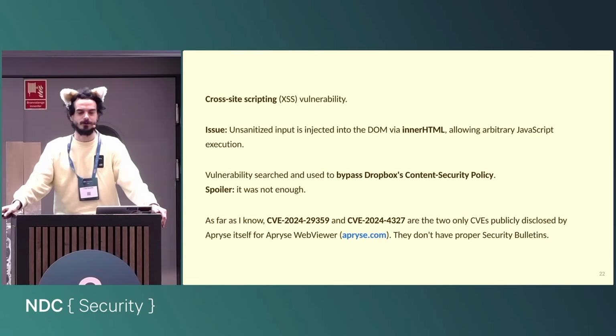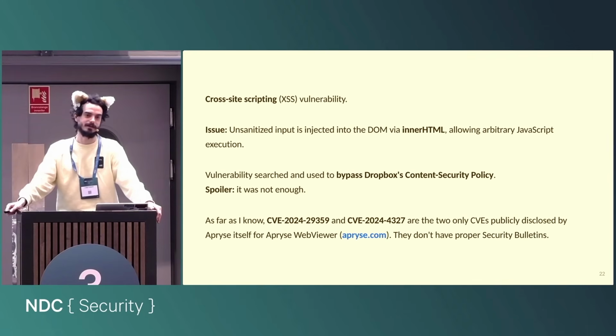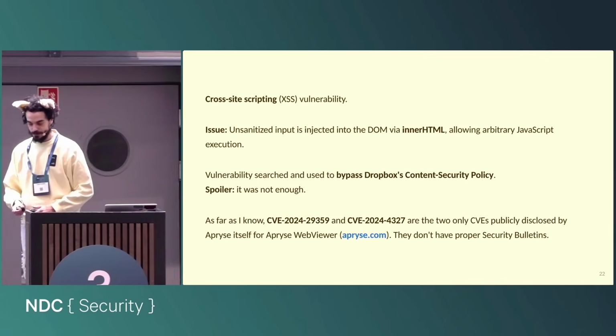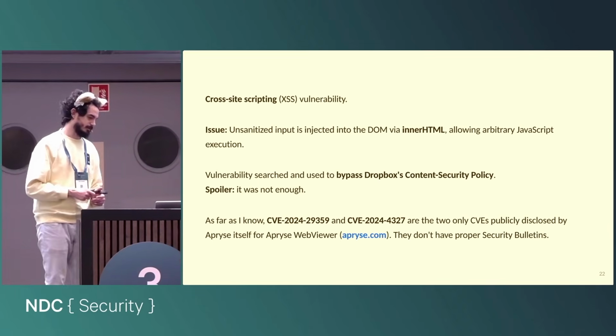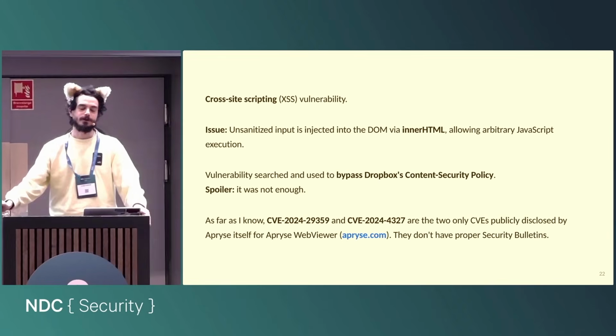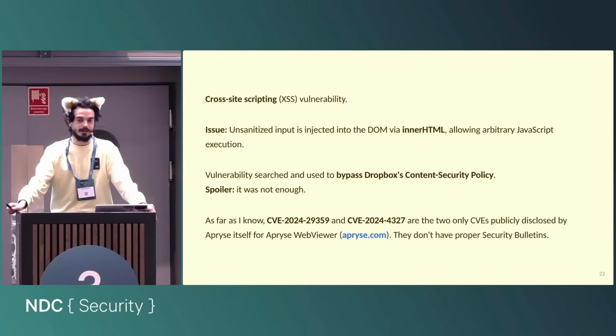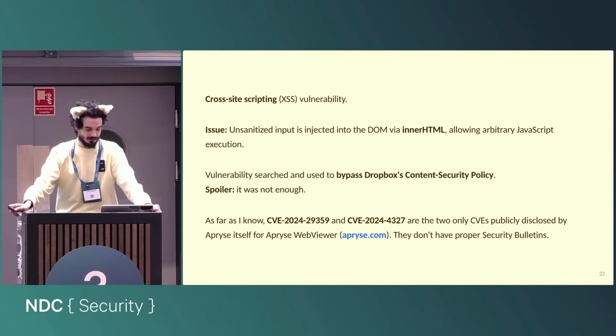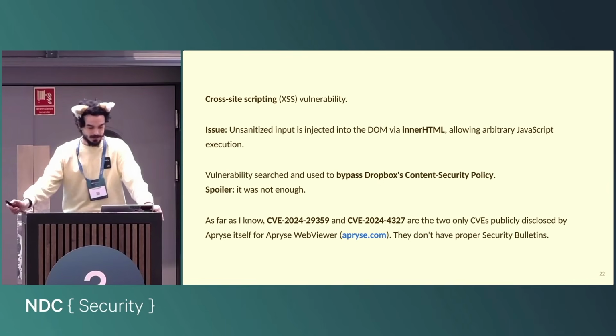Apryse, but also PDF.js and more or less every SDK that needs to run in the client, in general recommend a content security policy to mitigate the risk of cross-site scripting. And if you open Dropbox and check their online PDF reader, you can see that there is a content security policy.